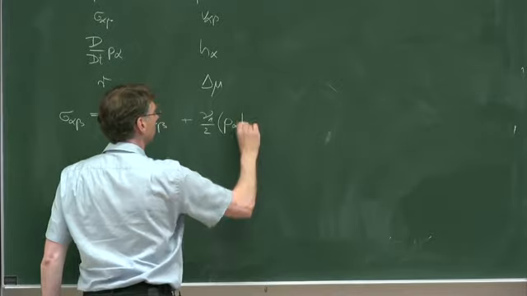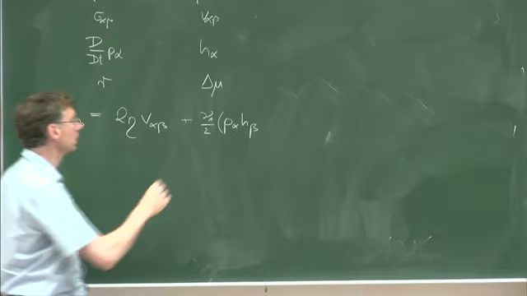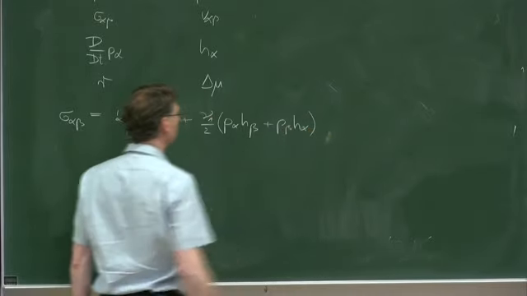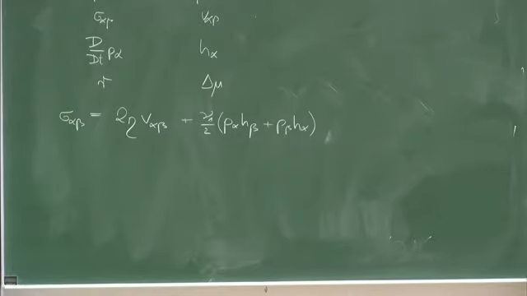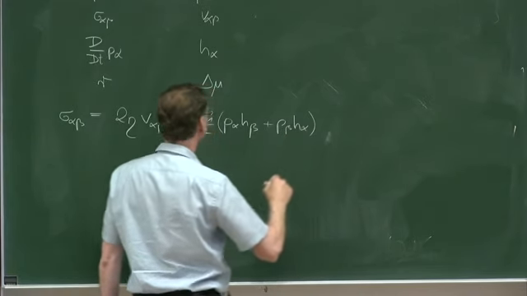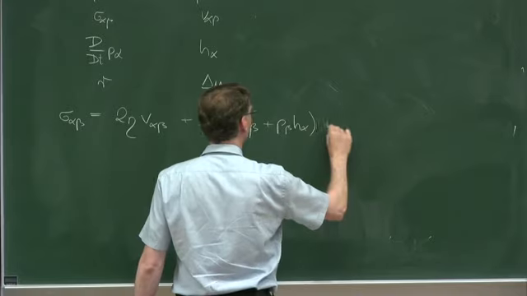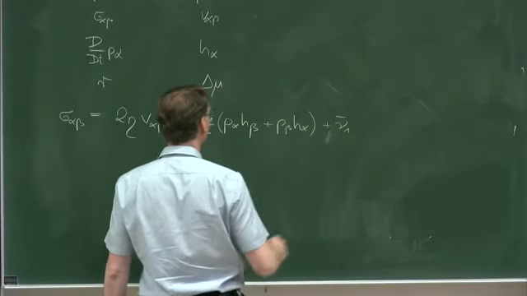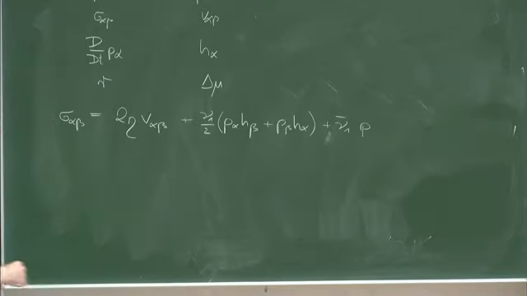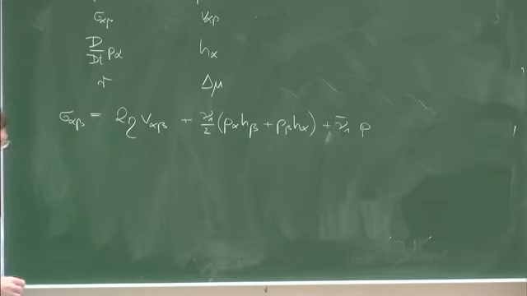Doesn't matter. So this is a p beta, but I want to have it symmetric because sigma alpha beta is symmetric. So I put in here plus p beta h alpha. So this would be the coupling to the orientation field. There is another possibility to add it, and that would be plus mu 1 bar, because I want to be consistent.